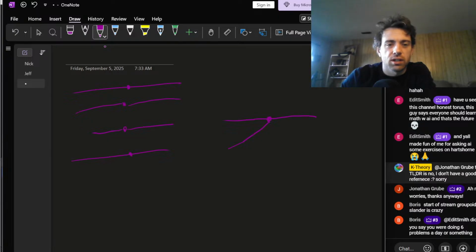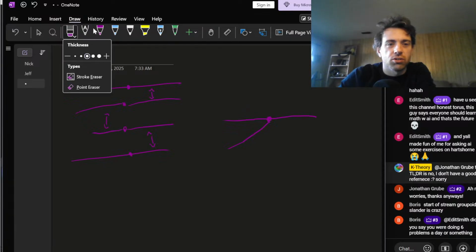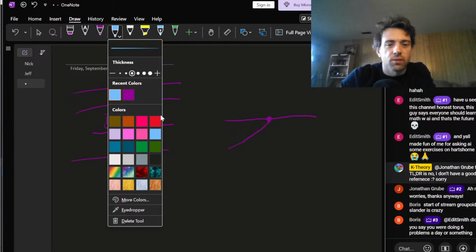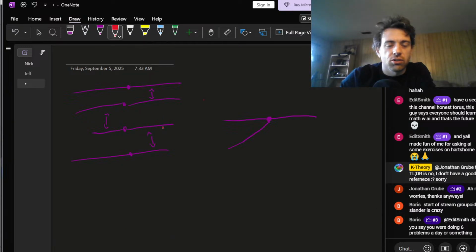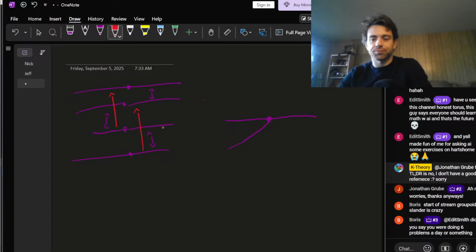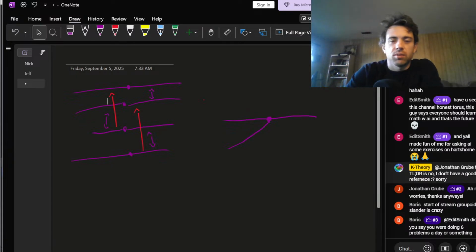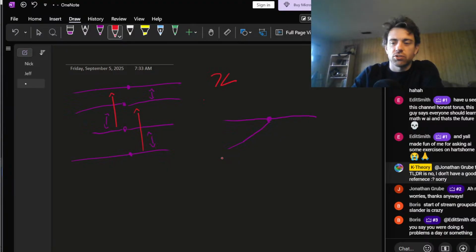What am I doing here? Anyways, the point is, okay, these get glued. These get glued. These get glued. And then it's not too hard to see that basically the deck transformations are just going to be shifts by 2. So shift this line to here and this to here, and so on and so forth. And so the fundamental group should be the integers.